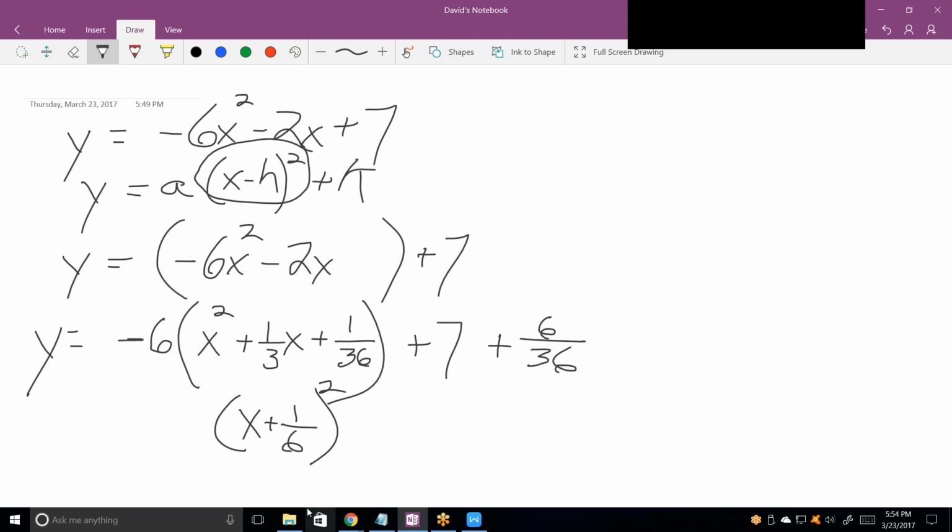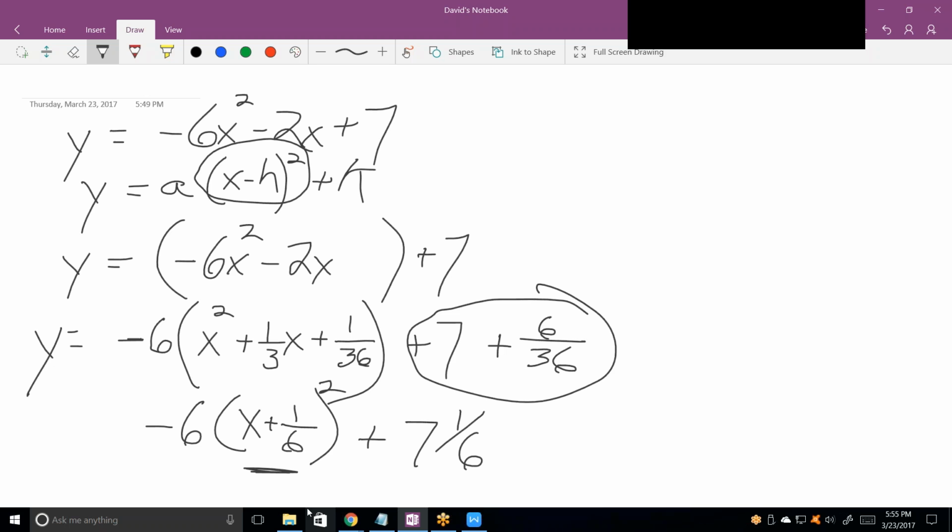So the key understanding here is the reason you complete the square is so that you can write it as a linear term squared. x plus 1/6 is a linear term. And then it has to be squared. And I still have my minus 6 out there. Combine those two numbers and I get 7 1/6. So there's my answer. I've got it now in vertex form.